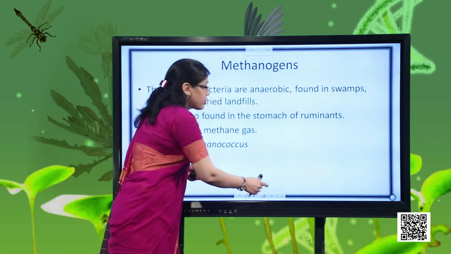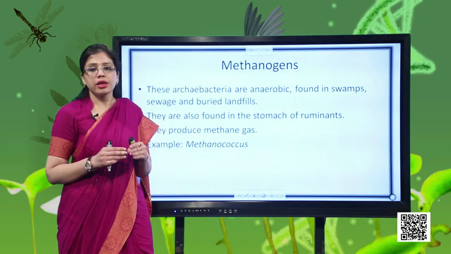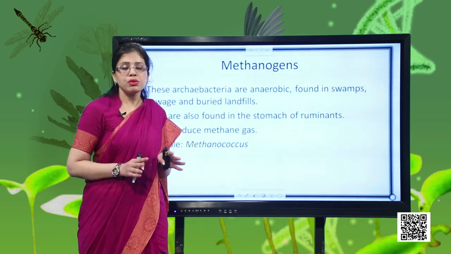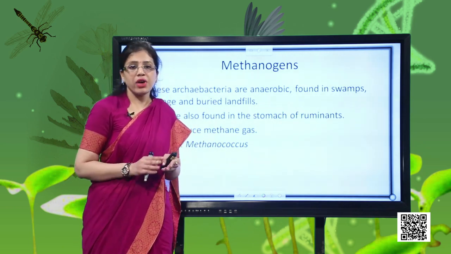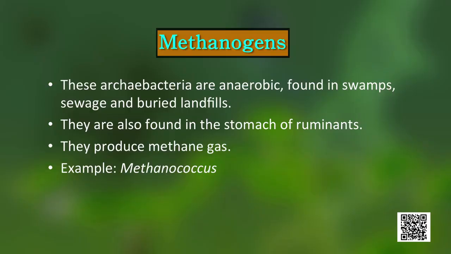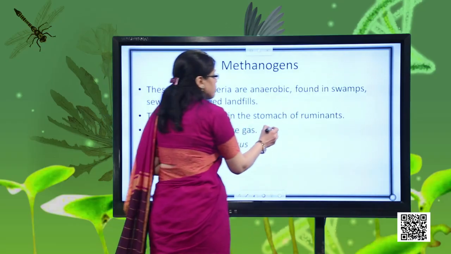Now a question must come in your mind that all these Archaebacteria, they are living in very harsh situation. It's not possible for any living organism to survive in such harsh situations. So how are they managing? So the answer of the question is that they have a different type of cell wall. Okay.